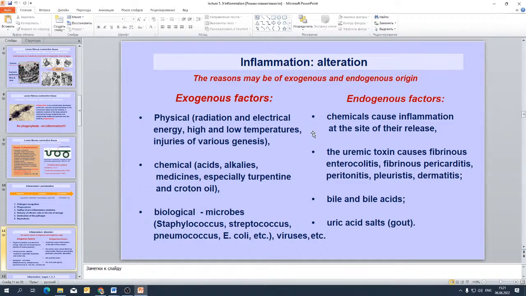Very often fibrinous pericarditis, fibrinous peritonitis, fibrinous pleuritis, dermatitis, and fibrinous enterocolitis form. Other factors are, for example, bile and bile acids, uric acid salts. For example, we discuss gout, and these different factors are present.